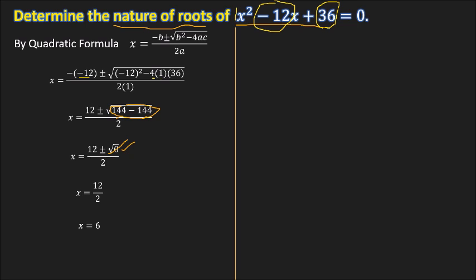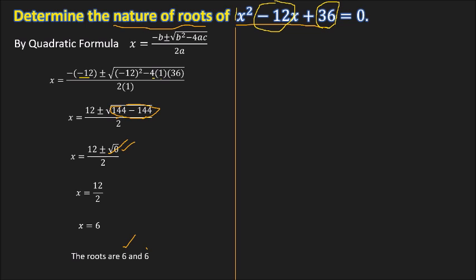Notice that we only have one root. But for all quadratic equations, there are always two roots. So our expression for the solution will be the roots are 6 and 6.